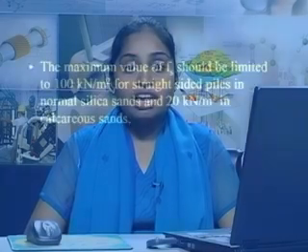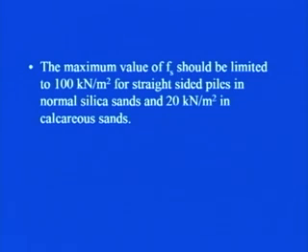The maximum value of Fs should be limited to 100 kilonewton per meter square for straight sided piles in normal silica sands and 20 kilonewton per meter square in calcareous sands. These are just recommendations that we need to keep in mind while estimating the unit skin friction resistance.